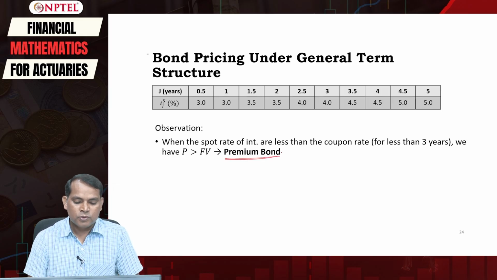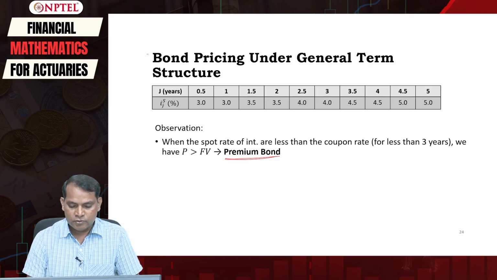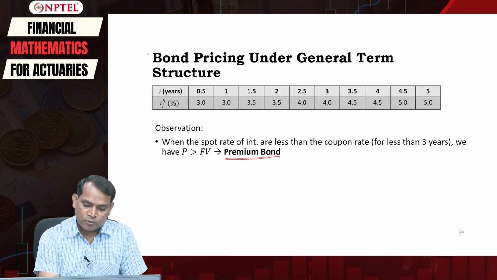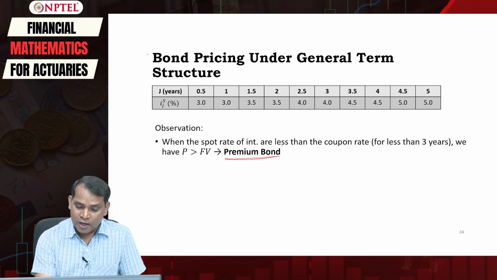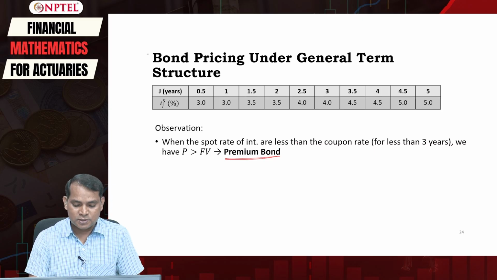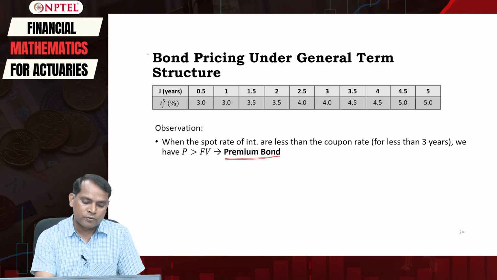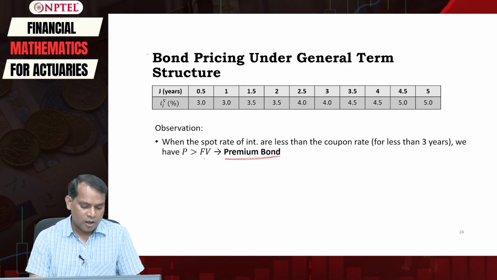We will get a premium bond if the price is greater than the face value. We have learnt it several times. So, when the spot interest rates are less than the coupon interest rate, the bond is said to be a premium bond, or most likely the price will be higher than the face value.